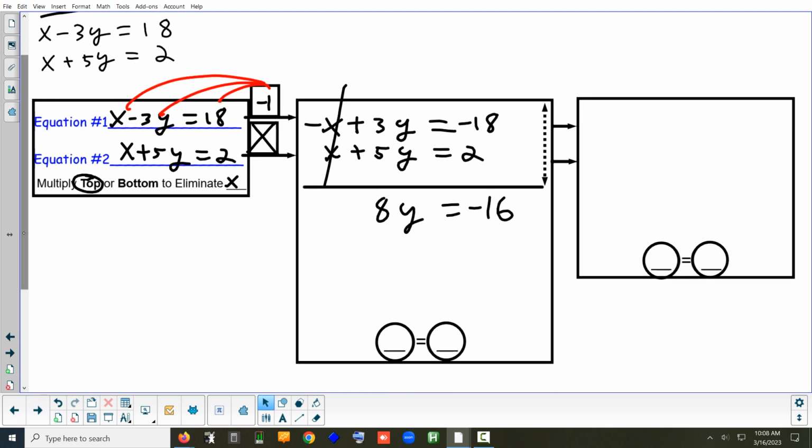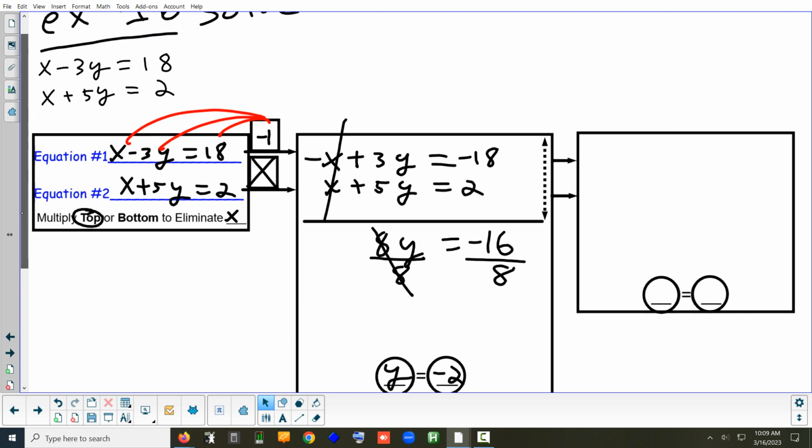All right, Anaya, what's my last step here to get y by itself? Divide by 8 on both sides. Yep. And what does that give me? -2. Good, -2. Okay, so we've got y. Caleb, what do I still need to find? Find x. And how do I do it?